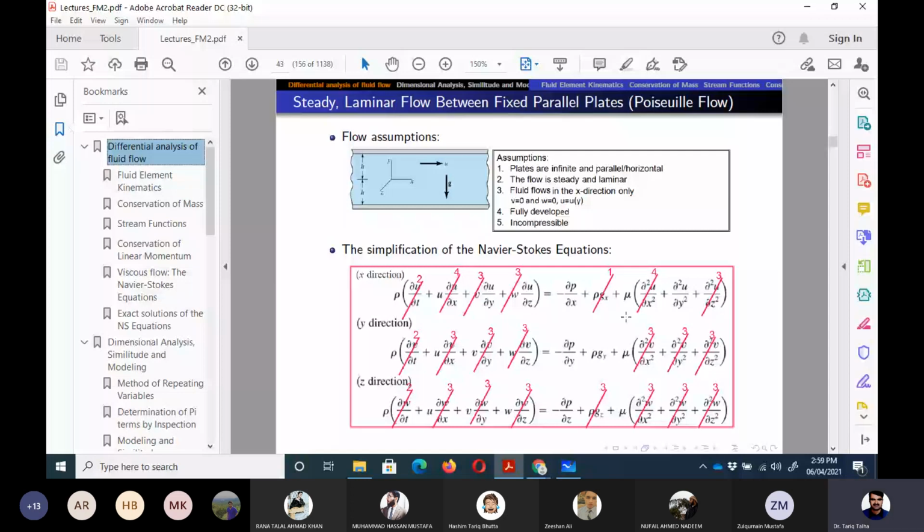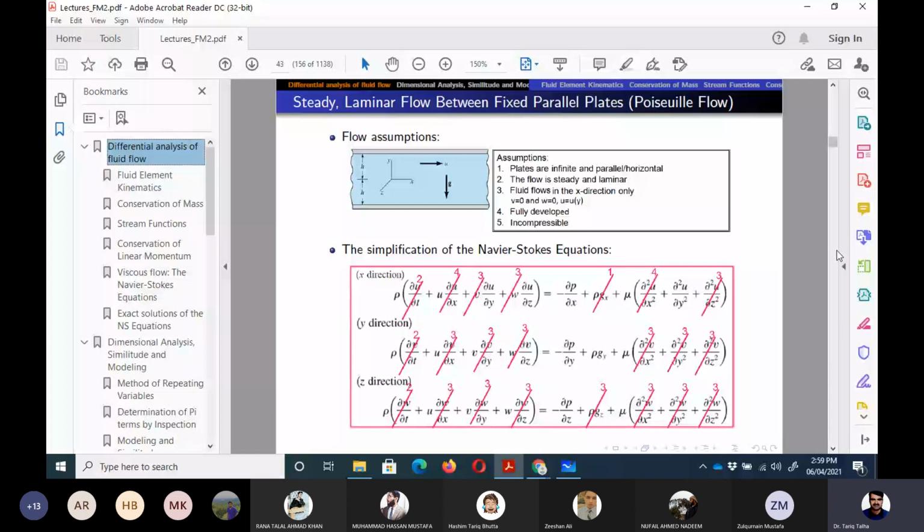In the second equation, which is the v momentum equation, all the terms on the left hand side are equal to 0, because the v velocity is equal to 0 and v velocity is coming in each term. And on the right hand side, the viscous terms are also all 0, because v velocity is 0. Similarly, we can say the same thing for the w velocity, because w velocity and v velocity are 0.